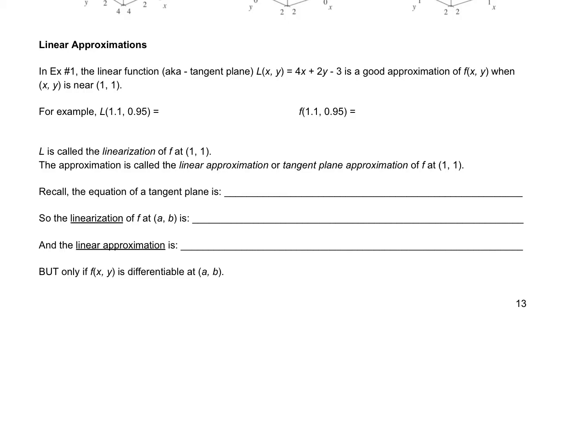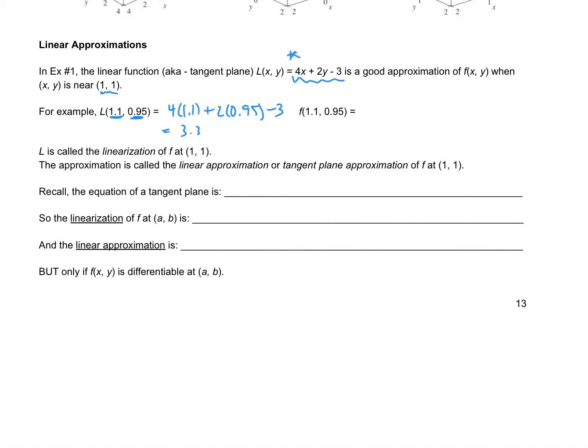Okay, and that's because this tangent plane that we found is the tangent plane at (1, 1). So for example, if I plug this point into my linear approximation, so I take 4 times 1.1, add 2 times 0.95, and I subtract 3, what I'm going to get is 3.3.